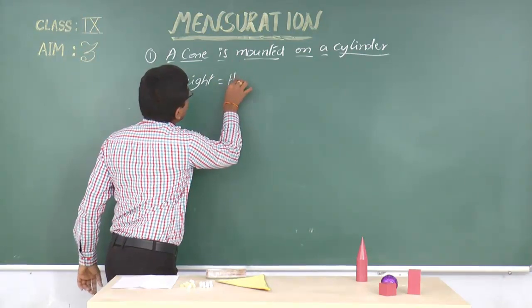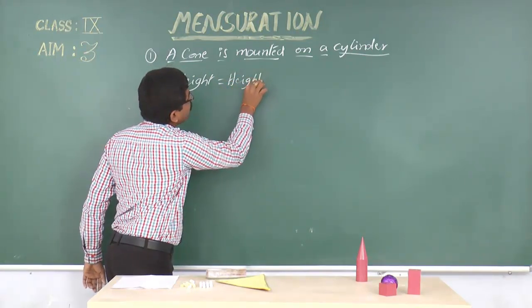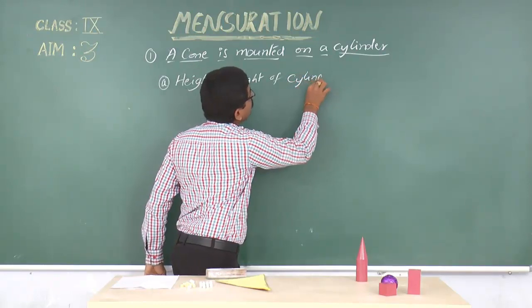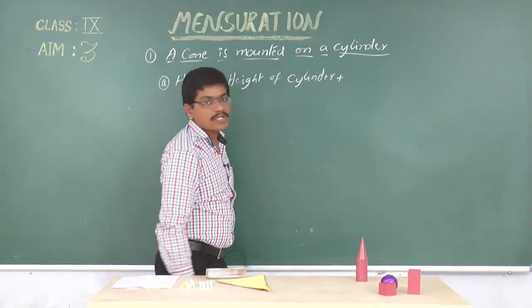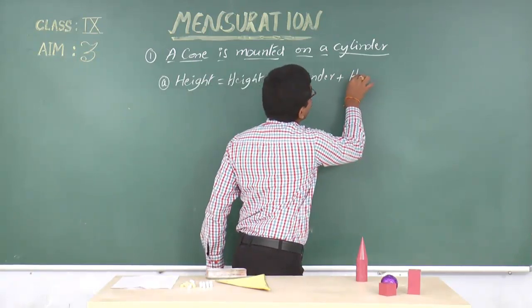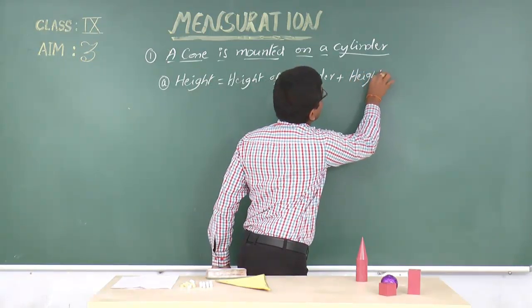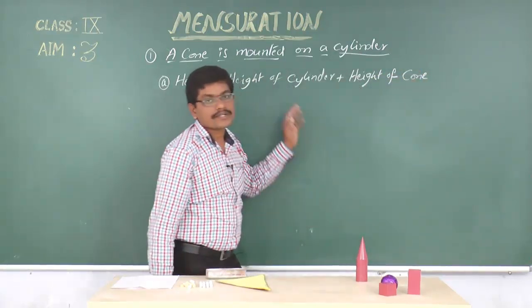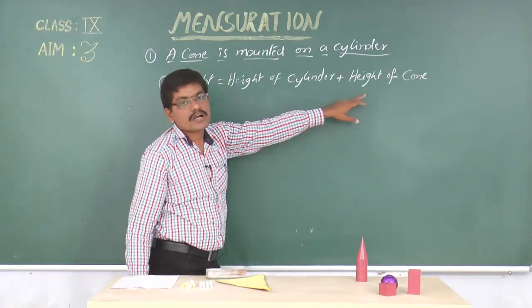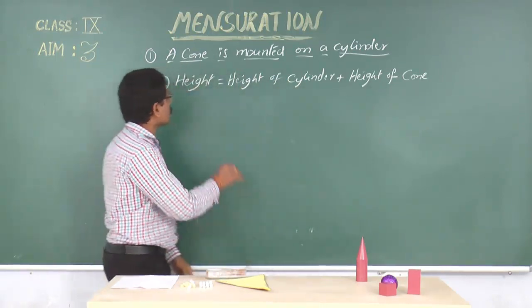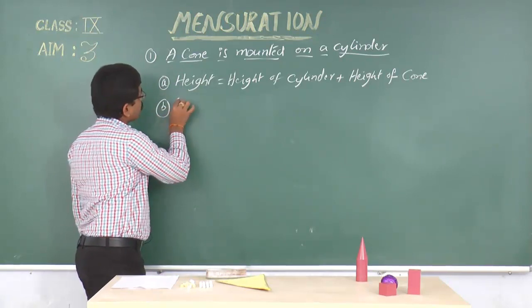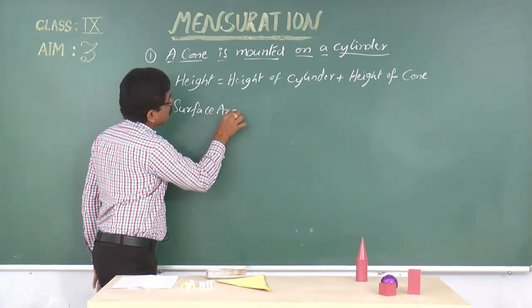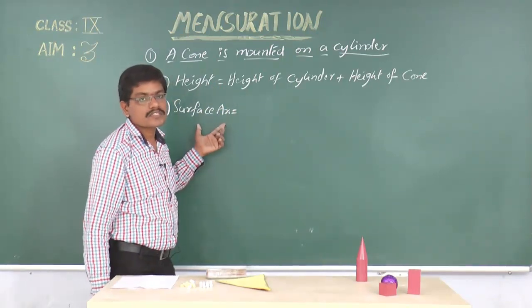So height of cylinder plus height of cone. Height of cylinder plus height of cone. Second one is surface area.